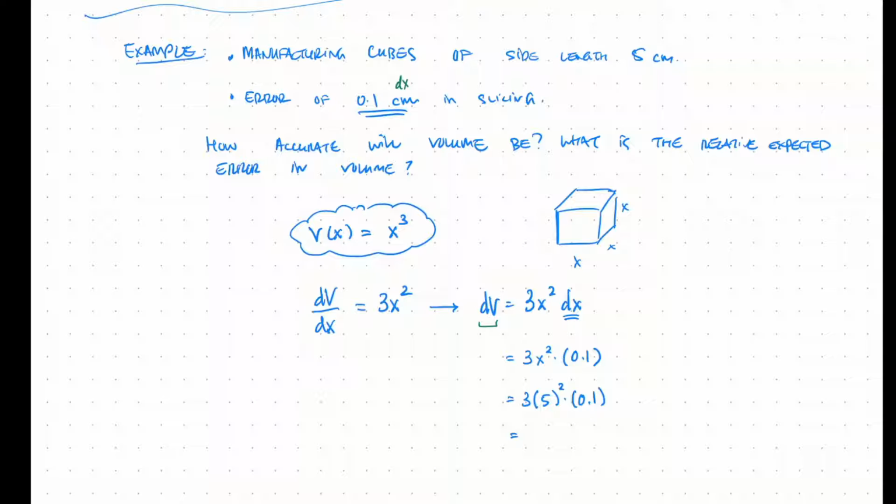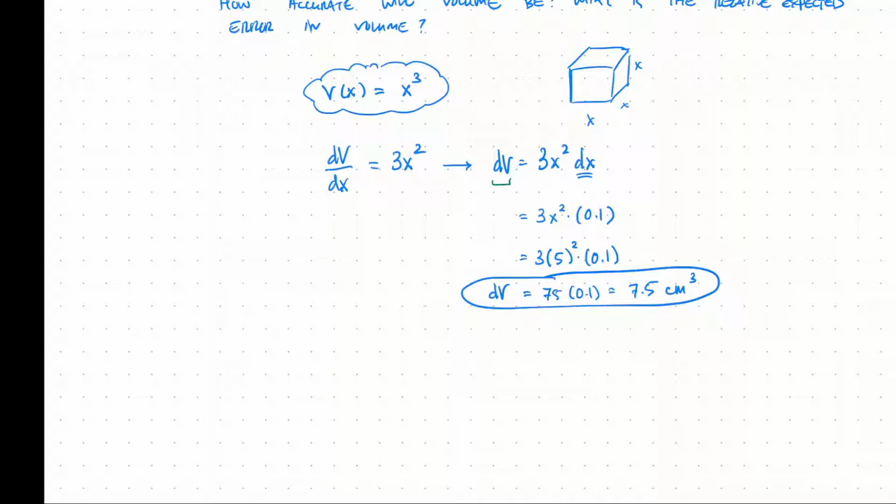And so what we get is what? 25 times 3 is 75 times 0.1 is 7.5 centimeters cubed would be the dimensions here. And so we see that the possible change in the volume would be 7.5 centimeters cubed.